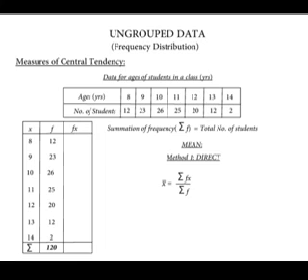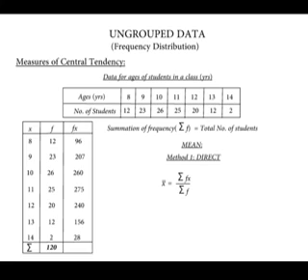So these are the observations and their corresponding frequencies. To get fx, we have 8 times 12 will give us 96. 9 times 23 is 207. 10 times 26 is 260. If you do the same for the rest, you'll have 275, 240, 156, and 28.